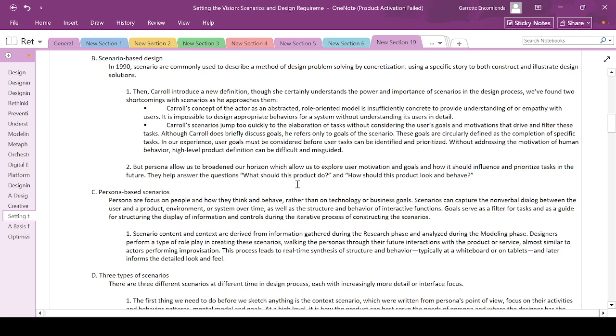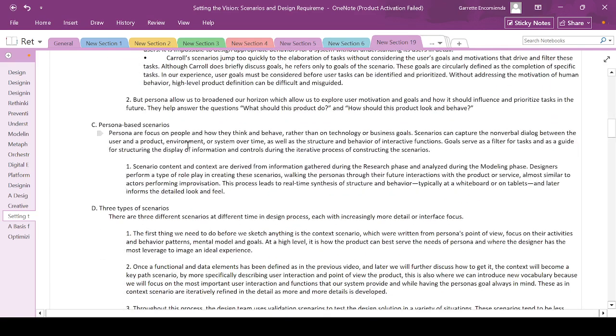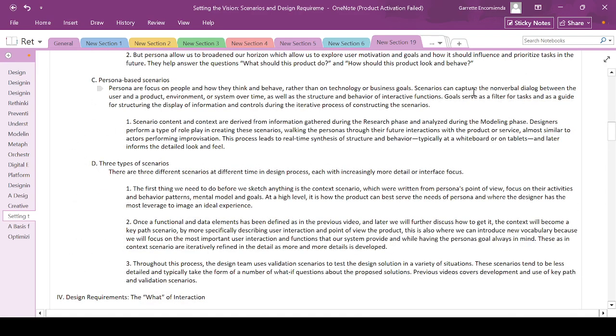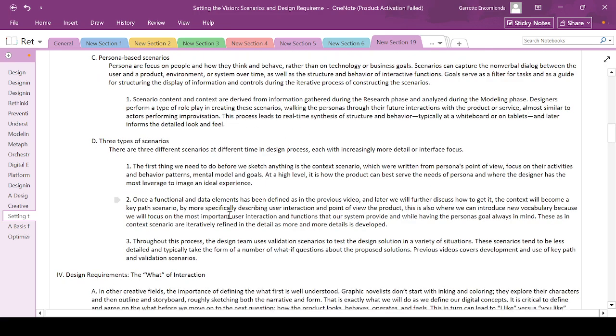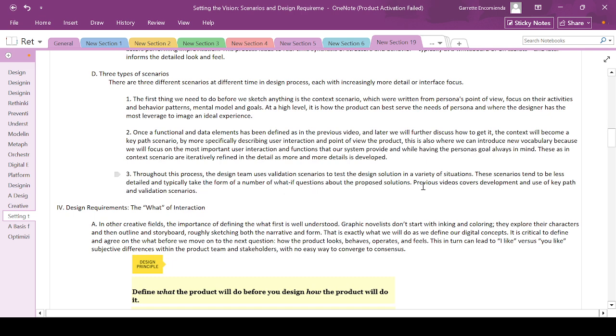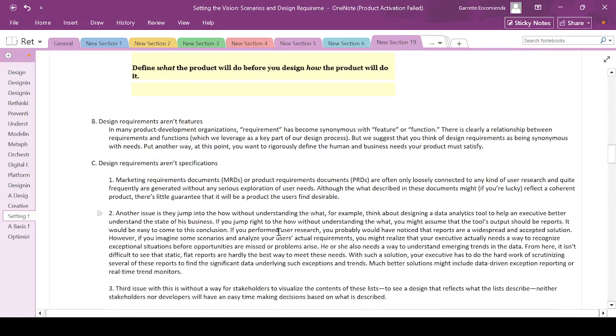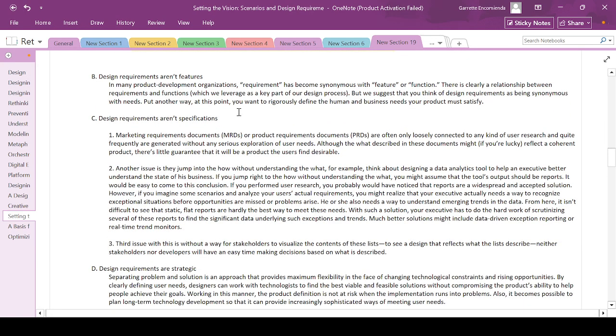Another thing is that the persona-based scenarios that we have discussed capture nonverbal dialogue on how these functions will help the user communicate, on a more holistic view based on their environment, the time they do it, etc. So these are the features and specifications here.